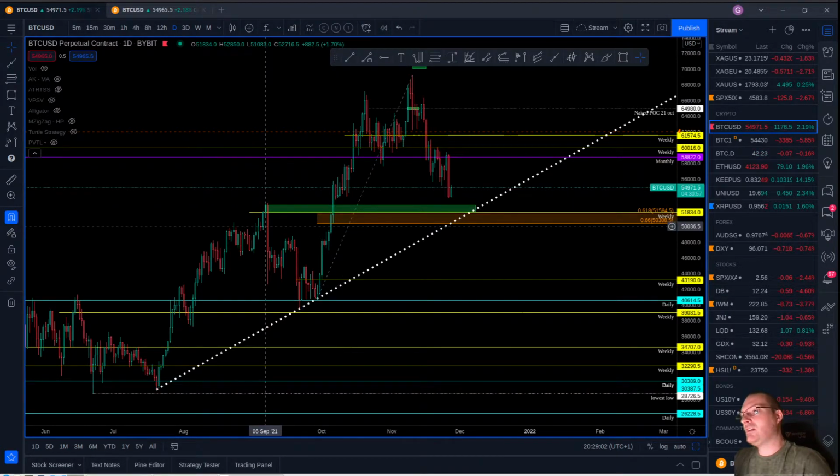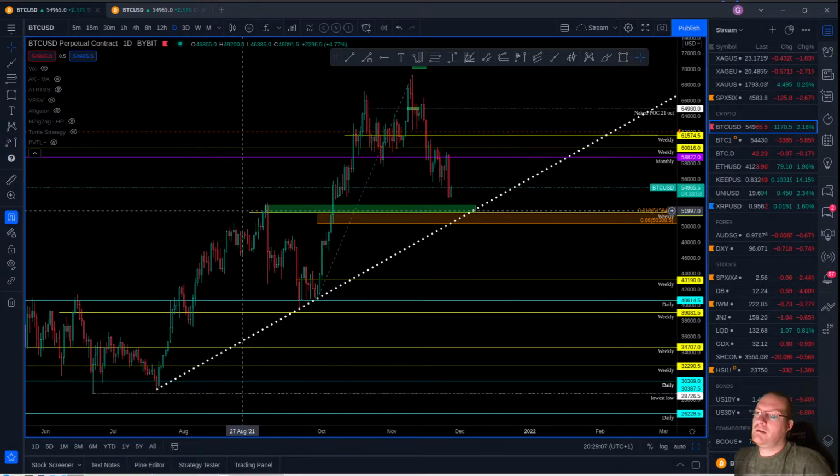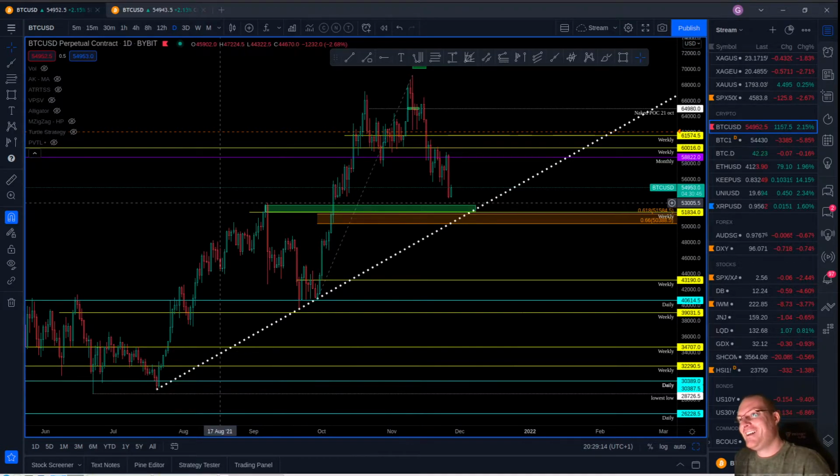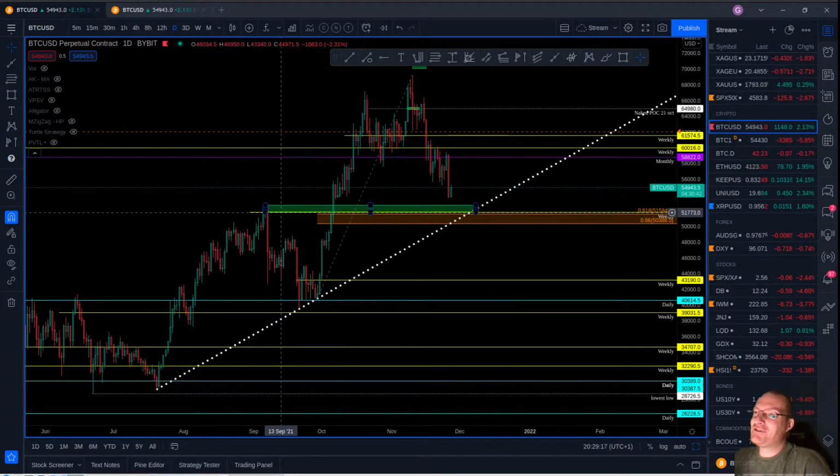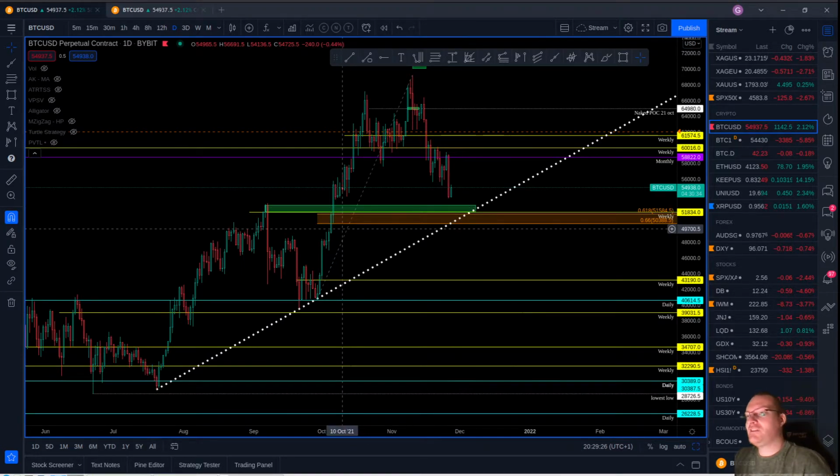So if you take, what's the word again? Yeah, okay. Like I explained for the S&P 500, you take the last bullish candle, and that's the zone where we will come back to. Order block, that's the word I'm looking for.